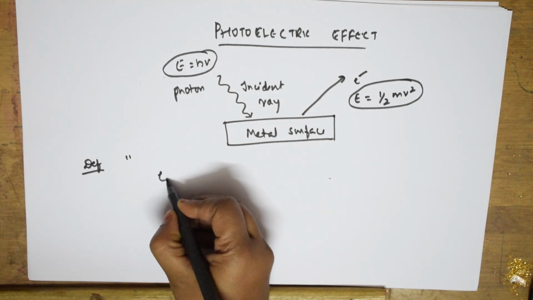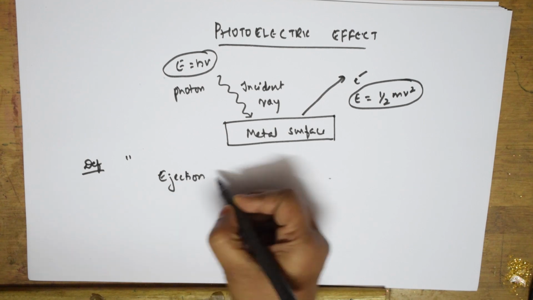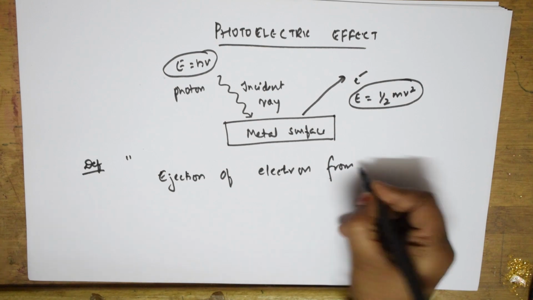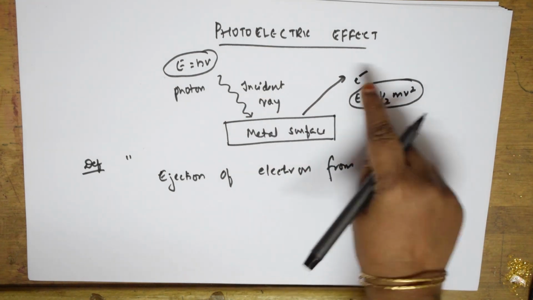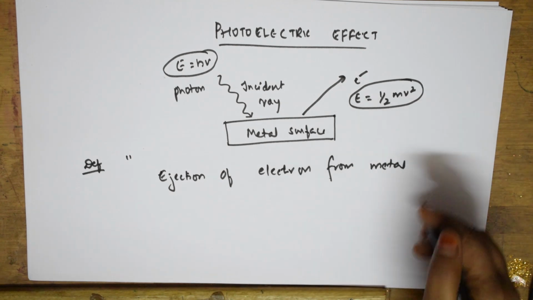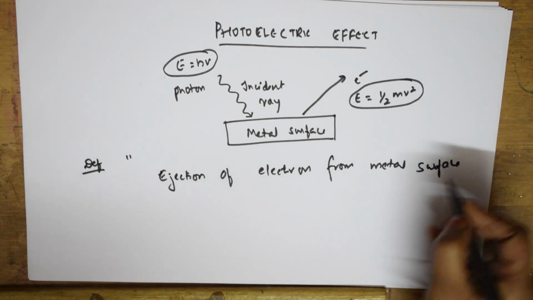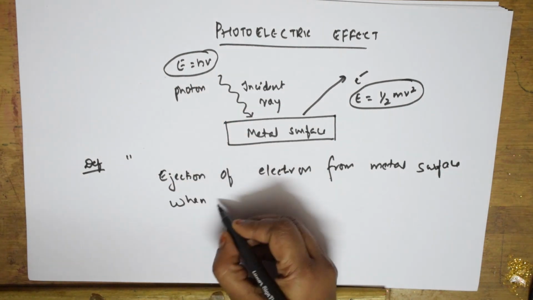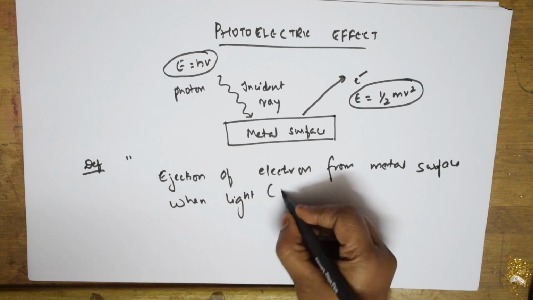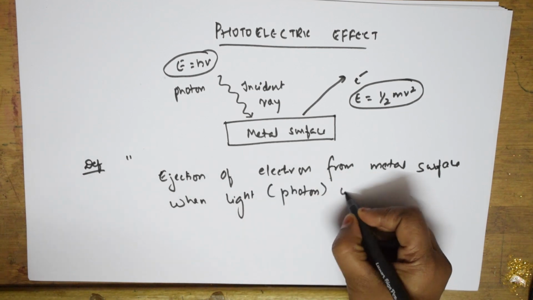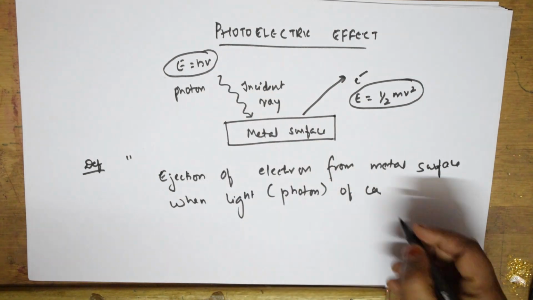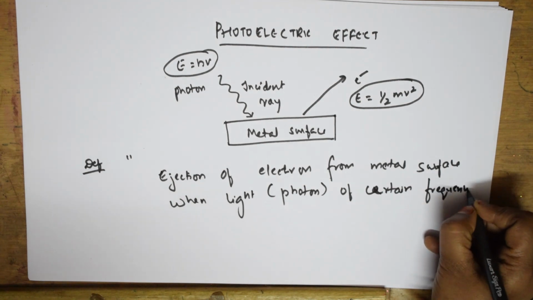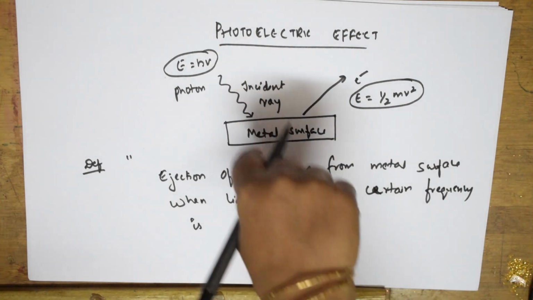Yes, it is the ejection of electrons from a metal surface when light, in the form of photons, that is packets of energy, of certain frequency, is incident or irradiated on it. We have not mentioned what a frequency is, isn't it?